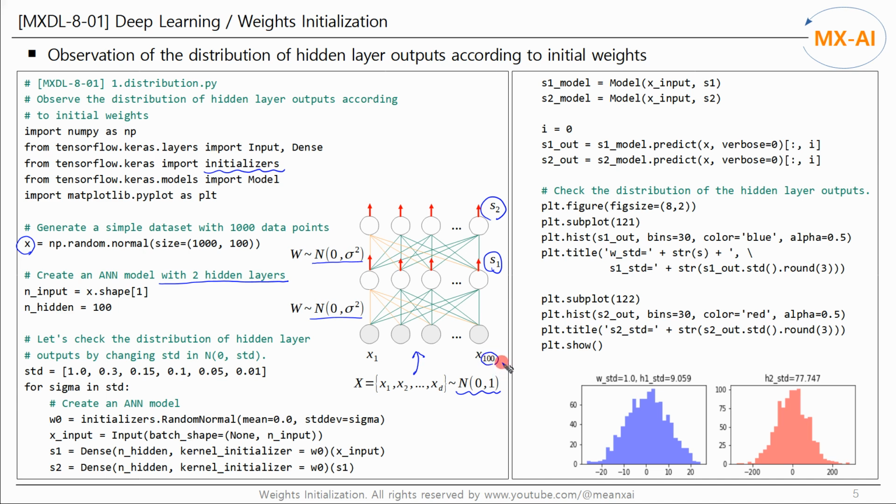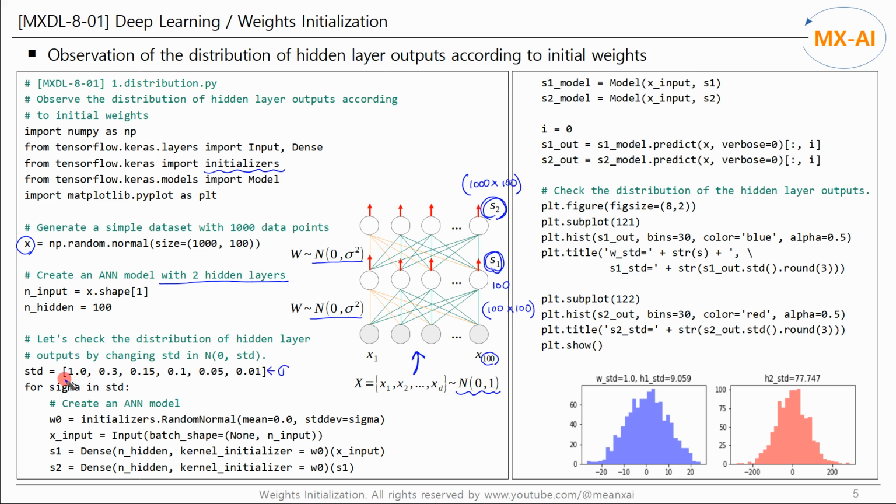The number of neurons in the hidden layer is also 100. The weights are all 100 by 100 matrices. The outputs of the hidden layers are S1 and S2. When 1,000 data points are fed into this model, both S1 and S2 will be 1,000 by 100 matrices.